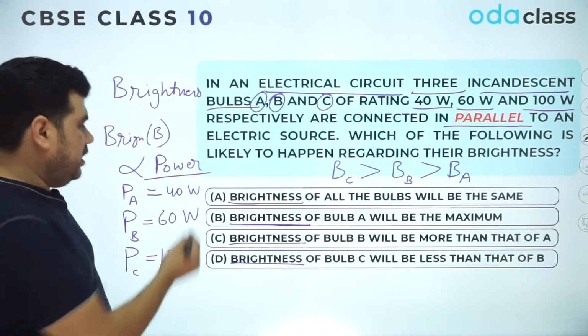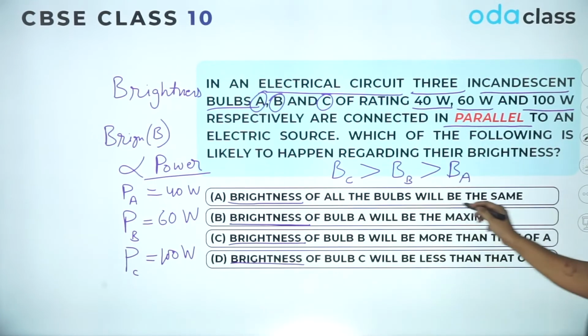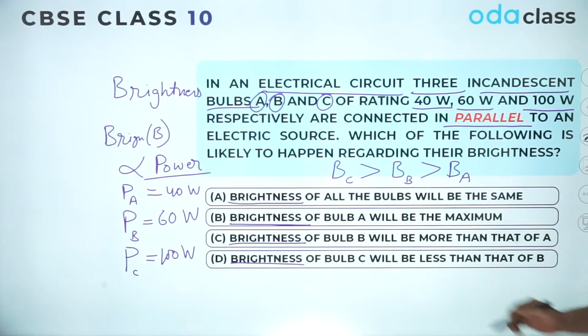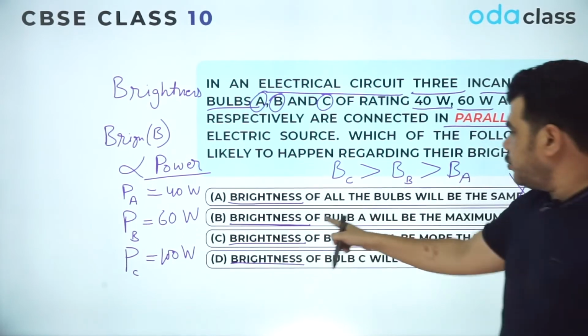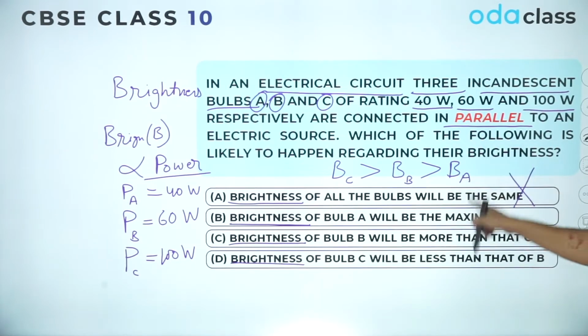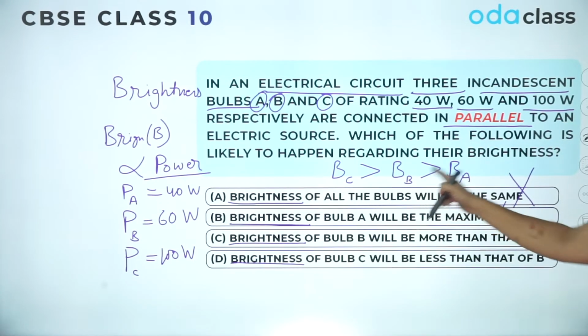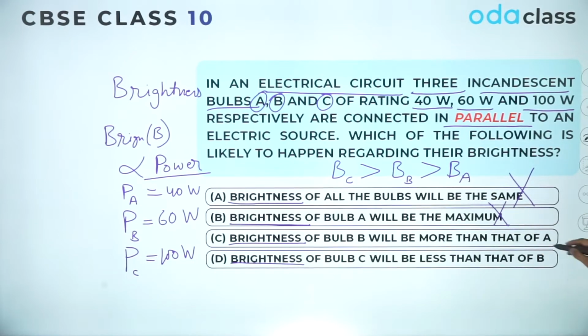Now let's see the options. Brightness of all the bulbs will be the same. So incorrect. Brightness of bulb A will be the maximum. No, it's minimum, so it's also not correct. Brightness of bulb B will be more than that of A. It's correct.